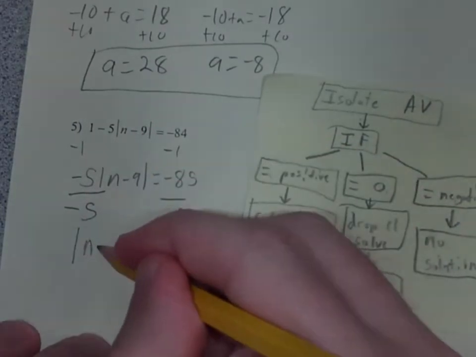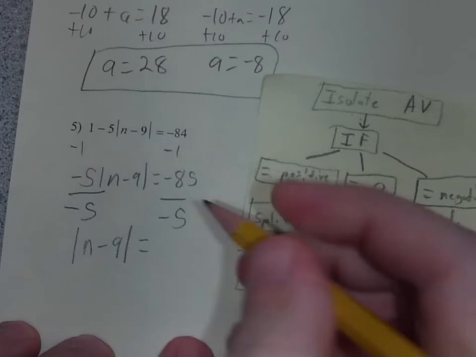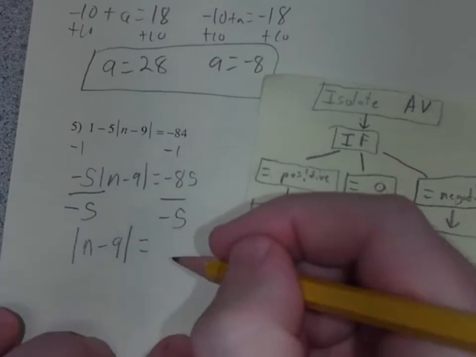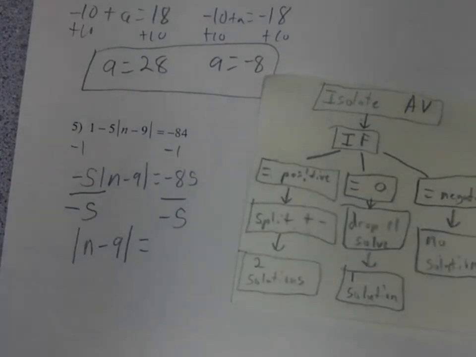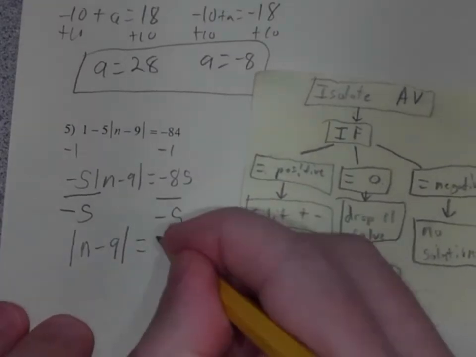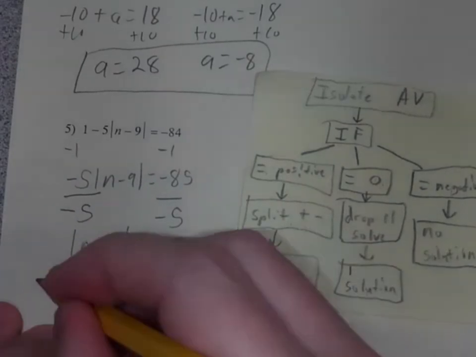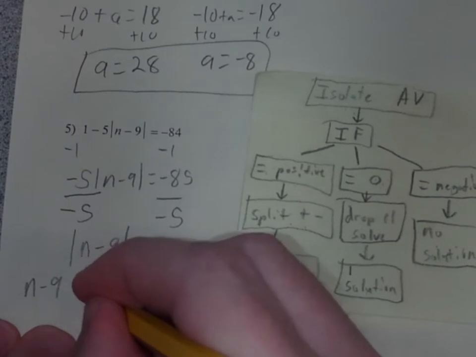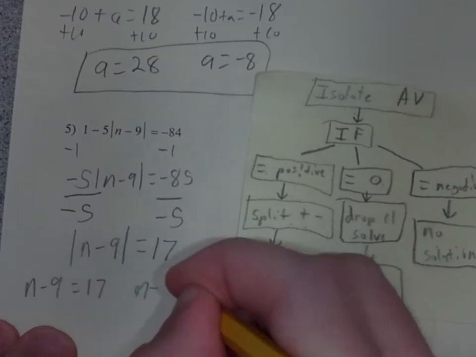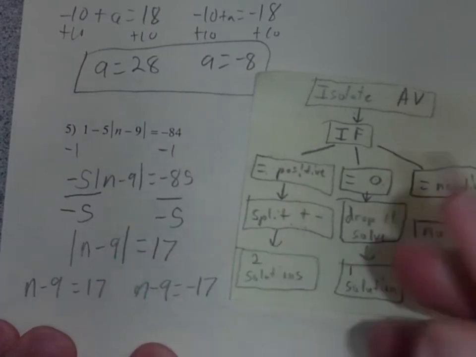And the absolute value of n minus 9 is equal to a number. 85 divided by 5 is 17. So it's equal to a positive 17. Now we do our check. It's equal to a positive number, so you split it. n minus 9 could equal 17, or n minus 9 could equal negative 17.